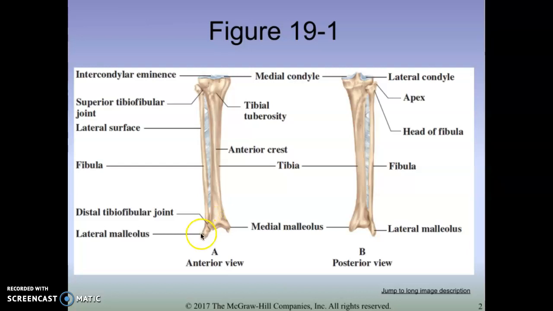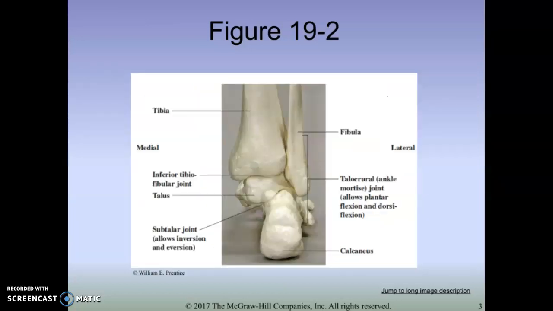He talked about that in the video. And then we have the lateral malleolus on the outside. So those are two things that you're going to want to know. You're going to want to know the tibia, the fibula, and the lateral and the medial malleolus. That's it for bony structures that you need to learn from the lower leg.